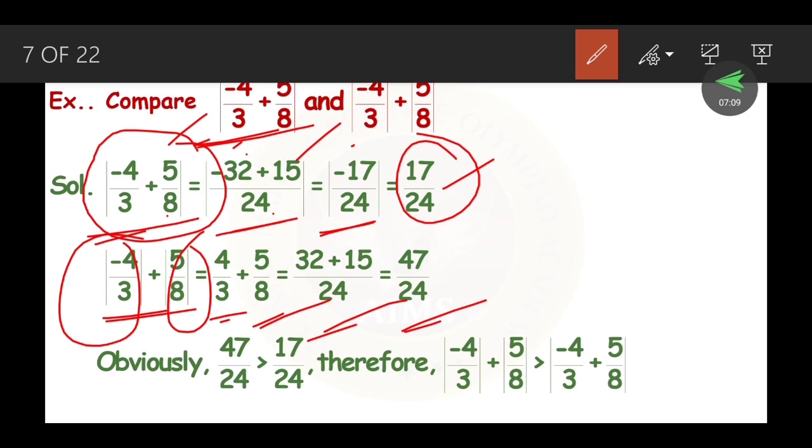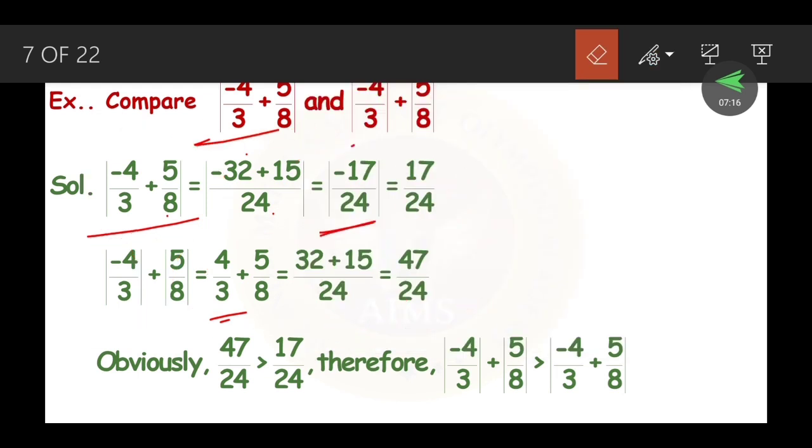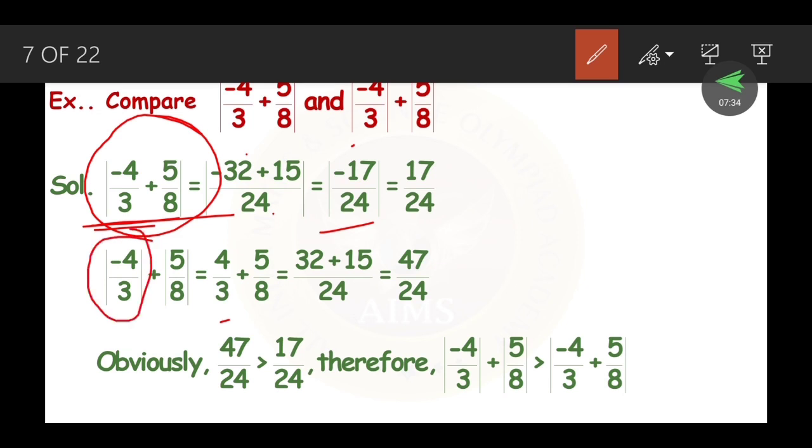Please be careful, children, because the given fractions are the same but the two are different. For the first, they added and then gave the modulus symbol. Here, first the modulus symbol is given, after that they are added. That's why the two values are different.